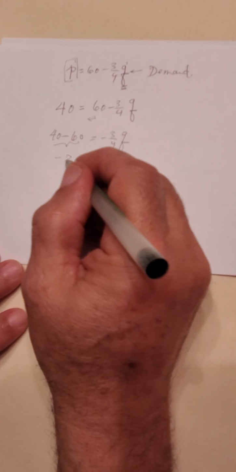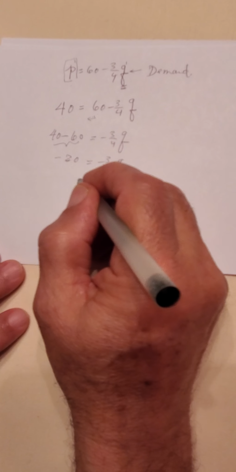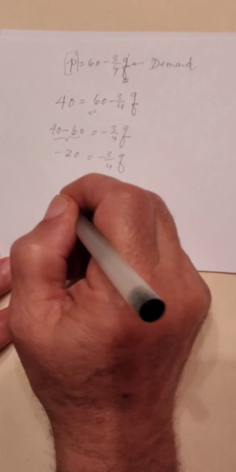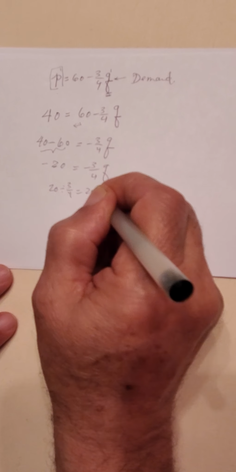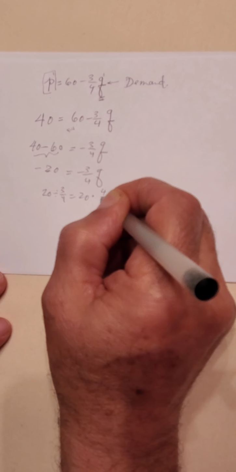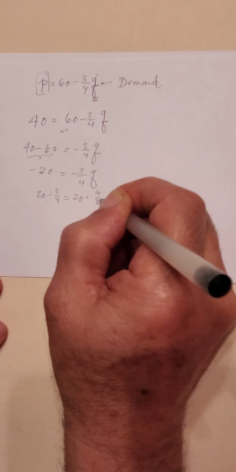That negative becomes positive, so what you have is 20 divided by 3/4, which is 20 times 4/3, and that will give you the answer.